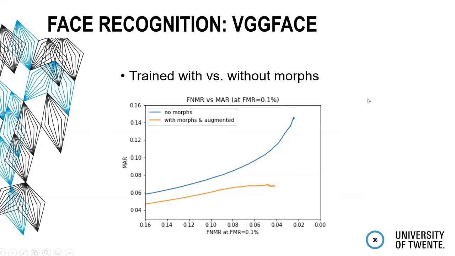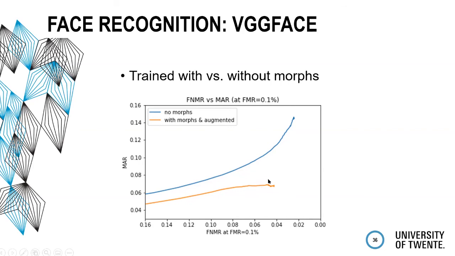So more experiments are needed. This is a first preliminary research. More experiments are needed to show whether this holds for different types of neural networks, different types of architectures, whether this holds for different kinds of data, and whether it is possible to lower the false non-match rate at a fixed false match rate further than we did here.